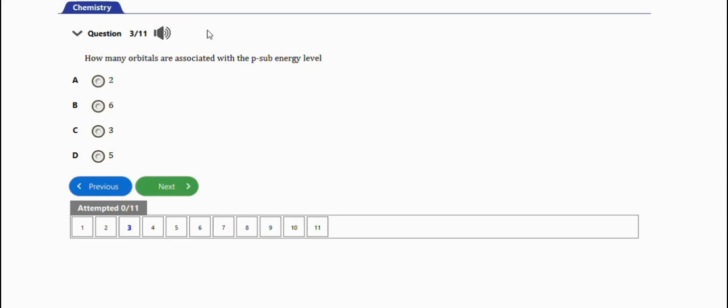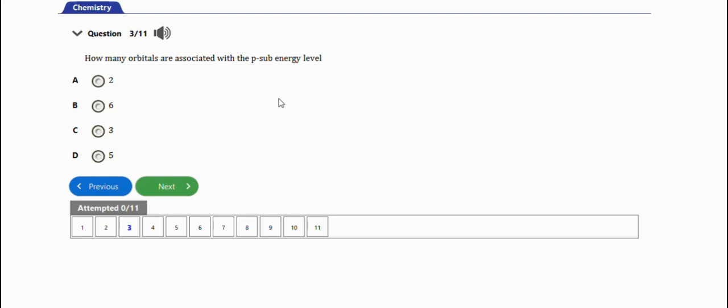The next repeated question will be this one. It says how many orbitals are associated with the p sub energy level? So the p sub energy level has 3 orbitals. Very important, guys. Take note of these. These 3 orbitals are filled up with 6 electrons, whereas the d sub energy level has 5 orbitals, which are filled up with 10 electrons.